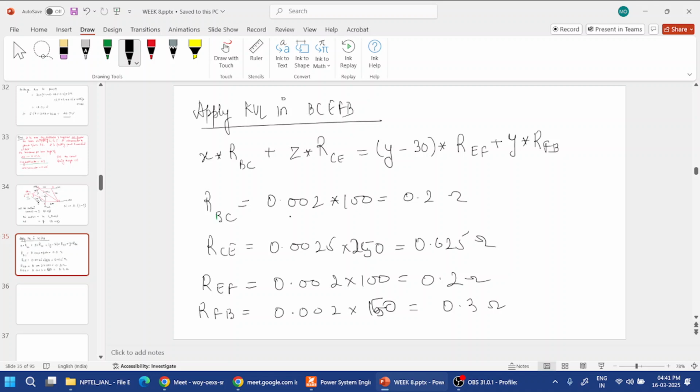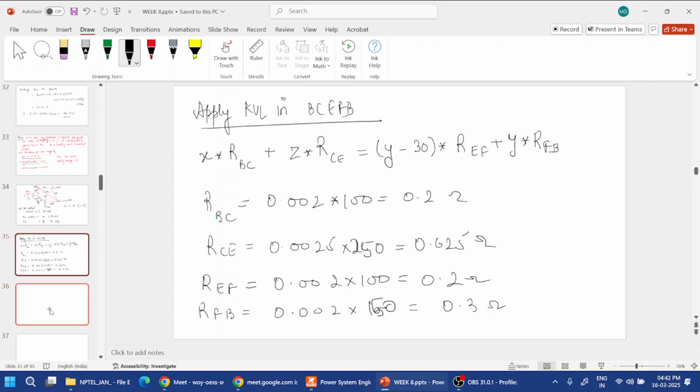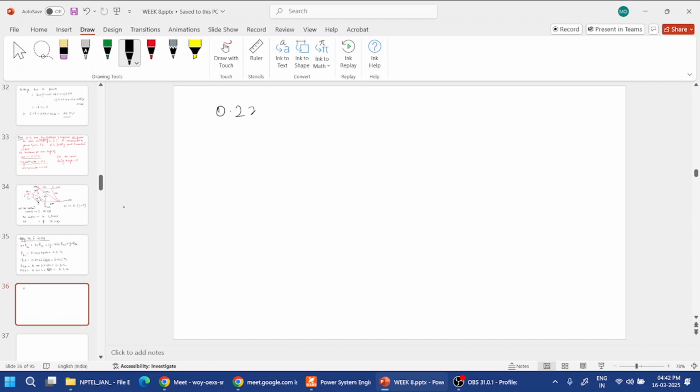Okay, so basically what will happen here? 0.2x minus 0.7y plus 0.625z is equal to minus 12.